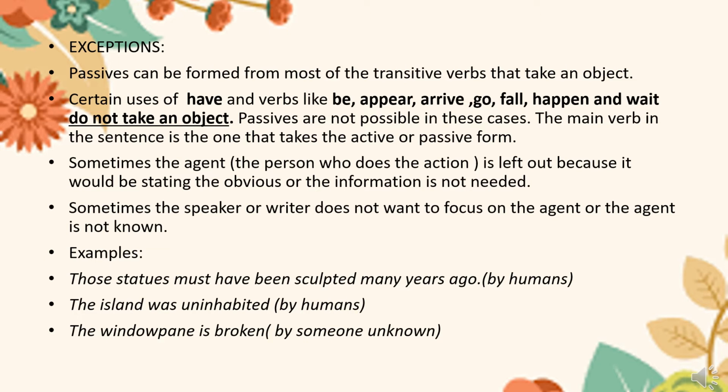Take the example of the first sentence, those statues must have been sculpted many years ago. So, in this particular sentence, it is obvious that statues were built by humans. So, here the agent is not mentioned. The island was uninhabited by humans, the window pane is broken, are some other examples.